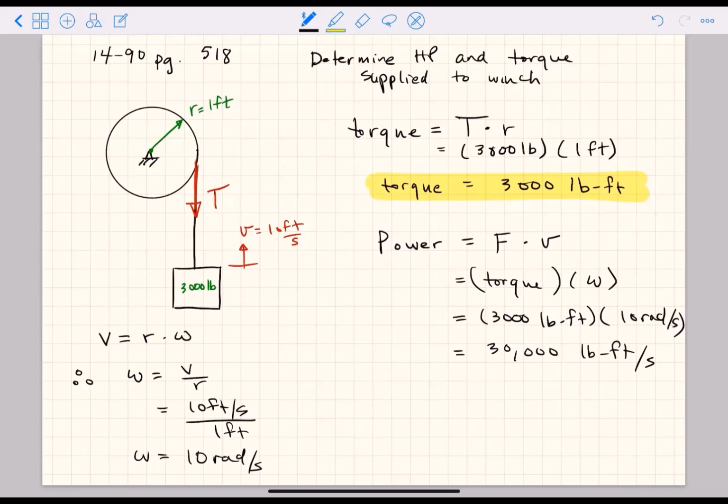And if you remember, we said that if we want to convert this from US customary units, pound-feet per second, when we're dealing with seconds, all we have to do is divide it by 550. And that was one of the conversions that I provided in a previous slide. So now P is equal to 54.5 horsepower. Okay.